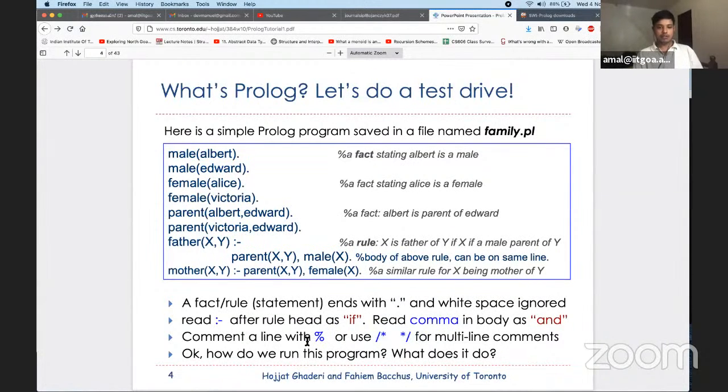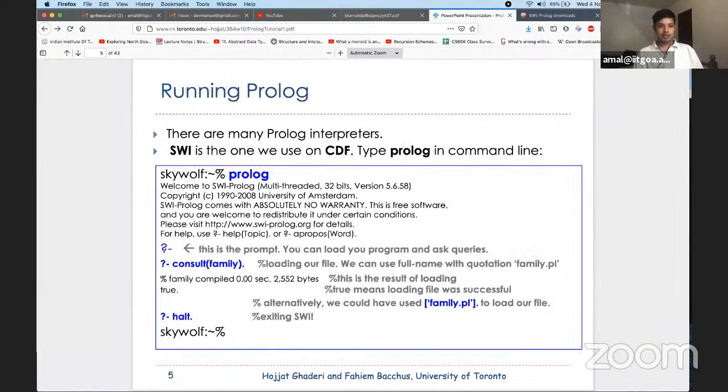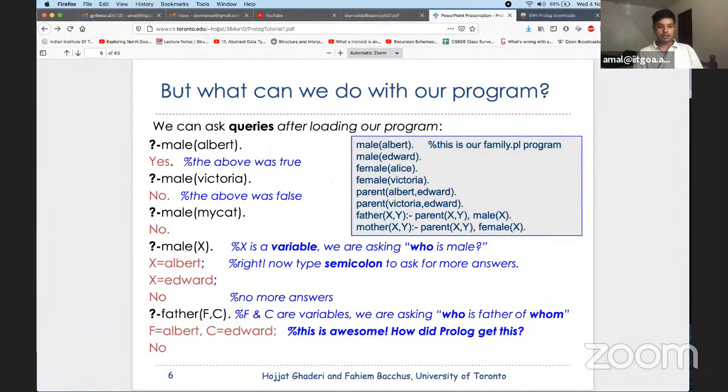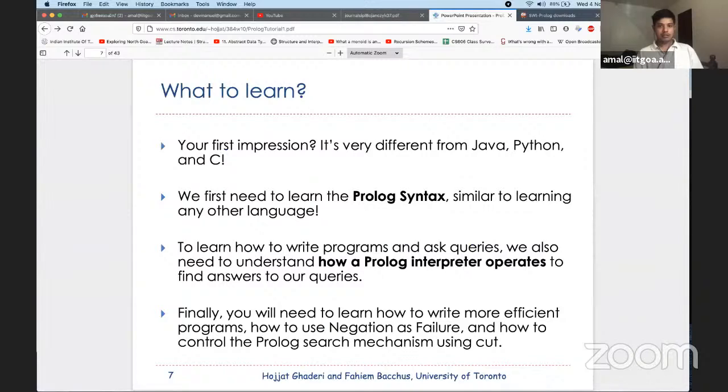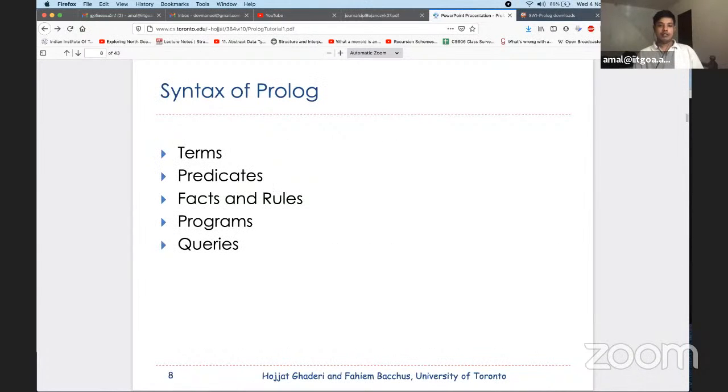You can use that, or you can use percentage, the text style comments. And this we have already seen how to do.